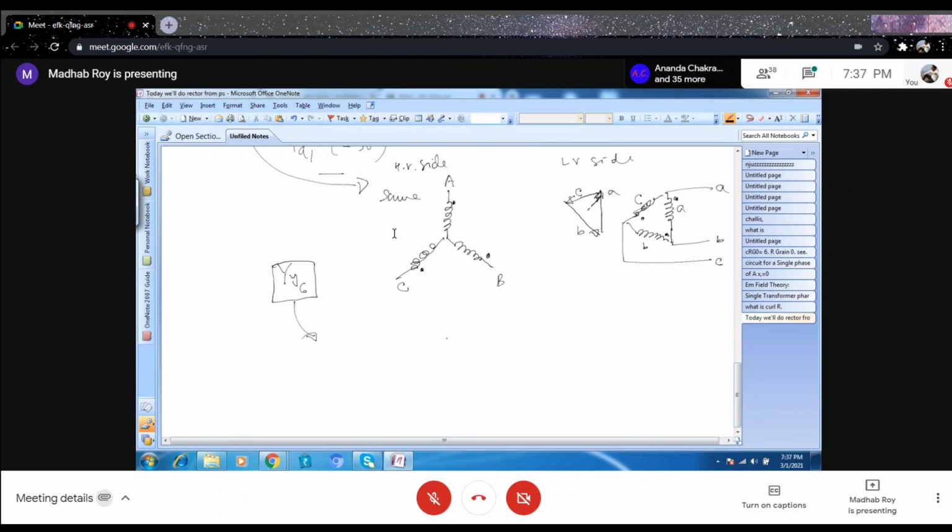It is better to make the terminals 1, 2, 1, 2, 1, 2, so here also it is 1, 2, here also 1, 2. As there are two terminals for each winding of the three phases, you can make two terminals.